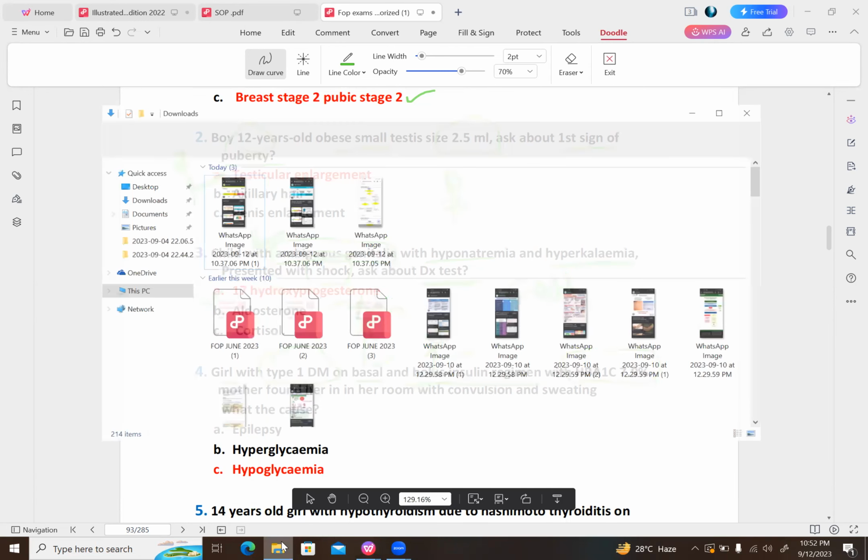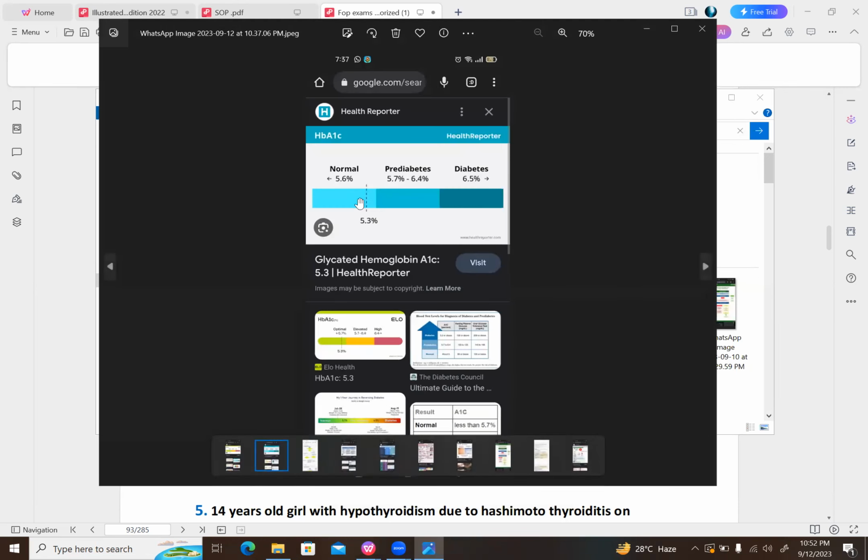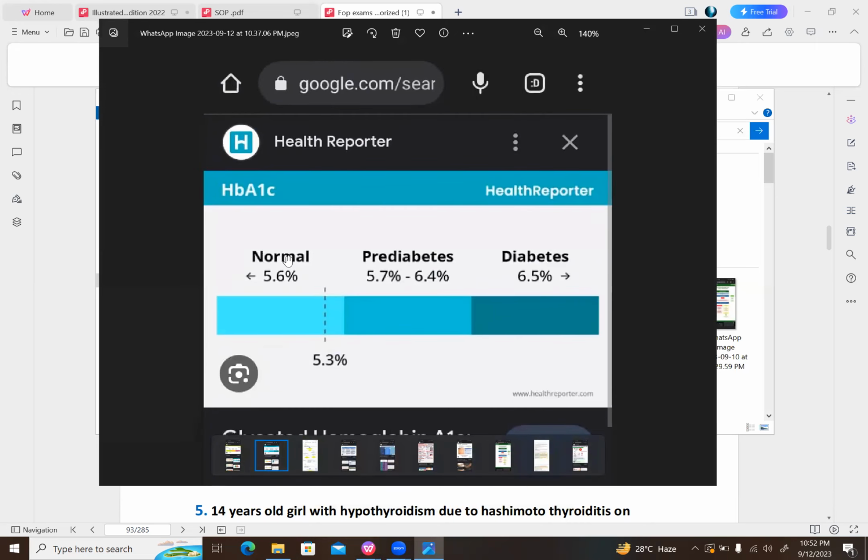Let me show you a beautiful picture. And you won't forget it for the rest of the exam. See this beautiful picture. Below 5.6 is normal.